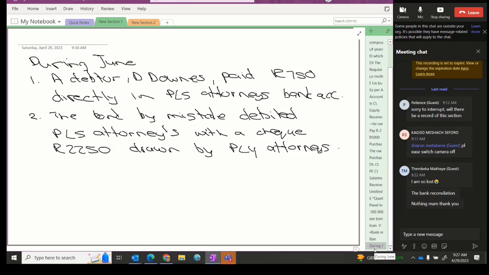So the bank by mistake debited in your bank statement a check of 2250, but it was actually supposed to be for another attorneys, a PLY attorneys. So now you're going to tell the bank, you have to change your mistake here. Take out this 2250. It's not a check that was supposed to be in my bank account. But now you must think.